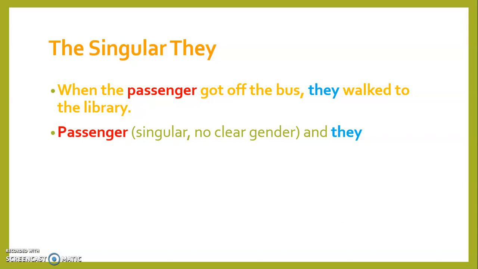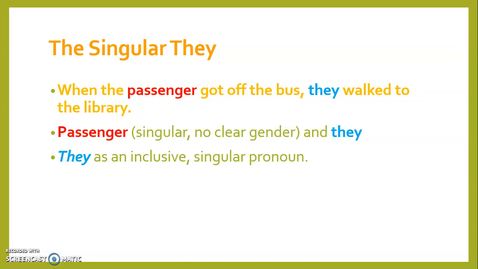If you think back to our other example with Jessica and the squirrels, it was pretty clear that Jessica is feminine. But here we don't know if the passenger is feminine or masculine or identifies as a different gender. And so they has become common usage as a gender inclusive singular pronoun. So it stands for an individual without giving a sense of gender.